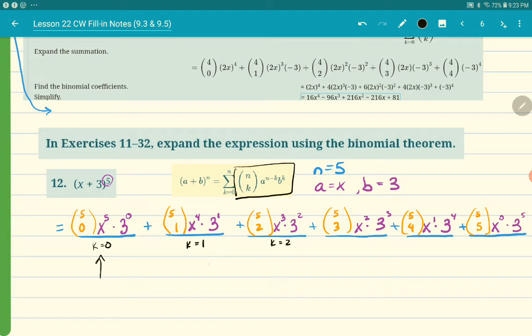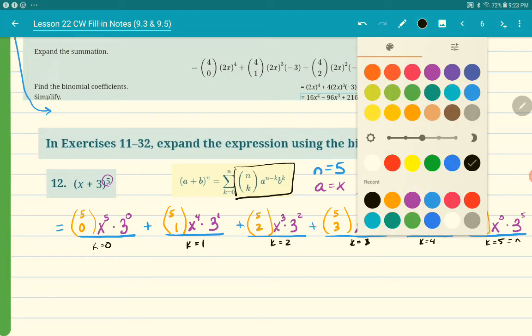When I plug in 1 for k, I get this term. So in that case, k goes from 0 to n. Now, I don't normally write those k's. I just wanted to point out that that's what those 6 terms are. That's the k going from 0 to n.